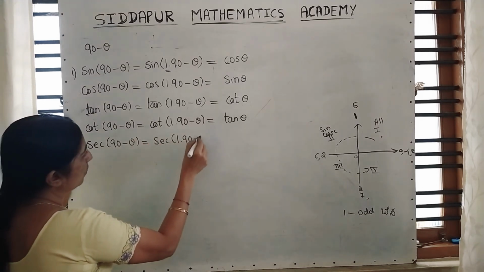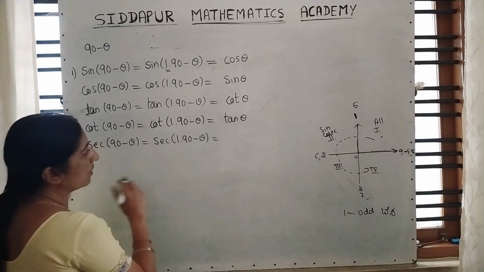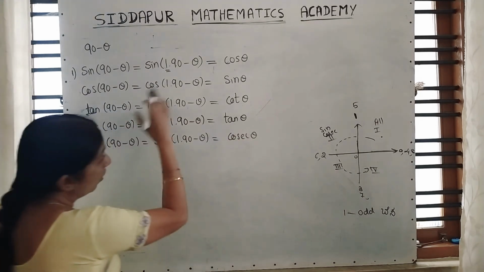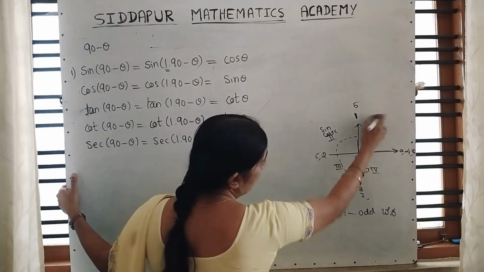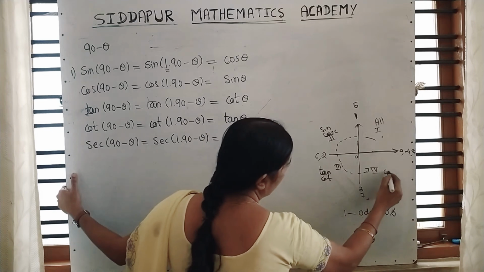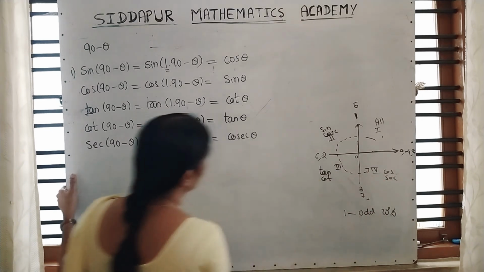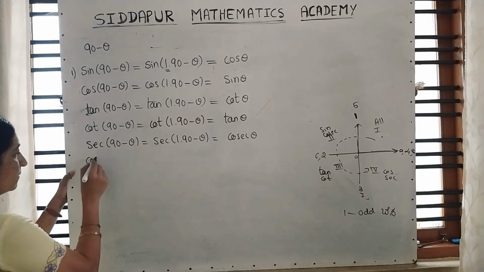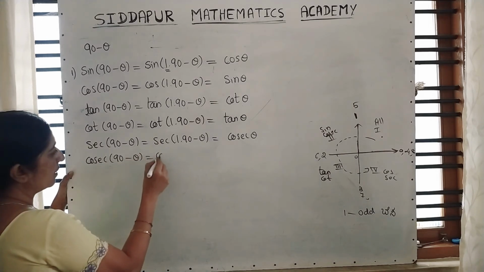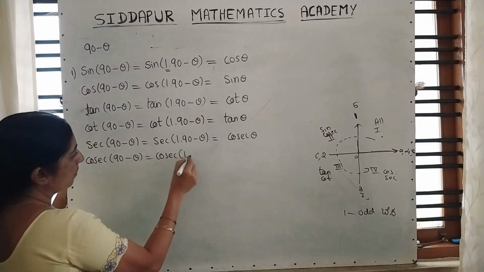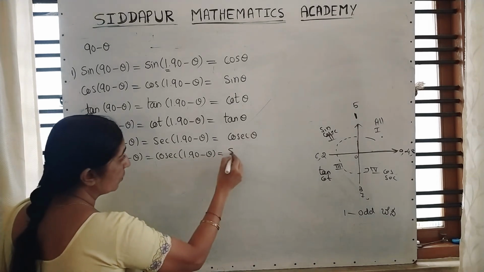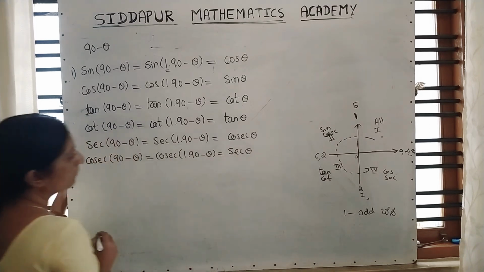Sec of 1 into 90 minus theta. 1 is odd, sec changes to cosec. All comes in the first quadrant, where all are positive. Therefore, we get the answer as positive. Next, cosec of 90 minus theta. It is 1 into 90 minus theta. 1 is odd, cosec changes to sec.